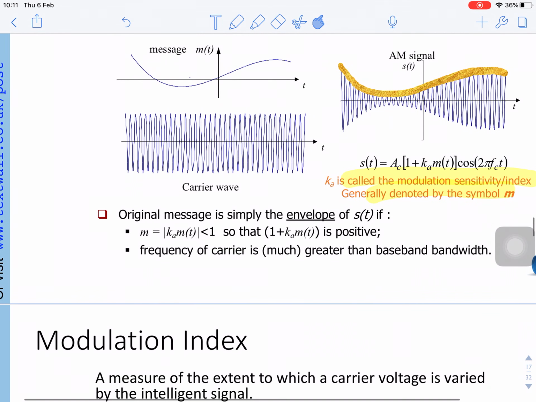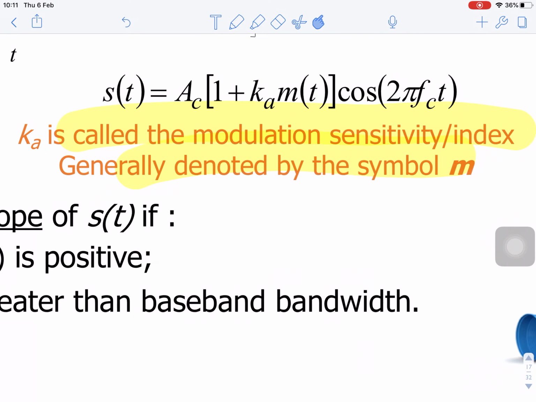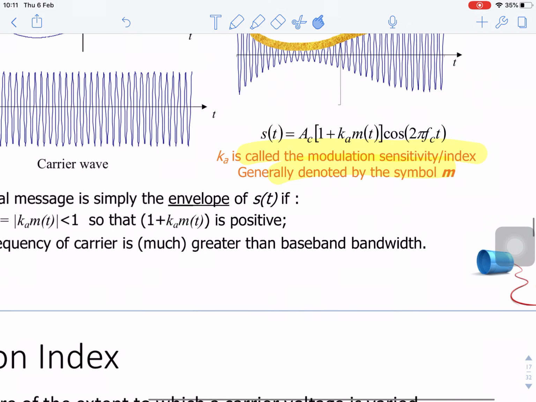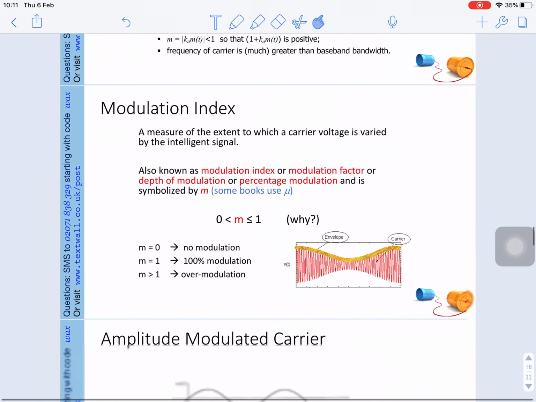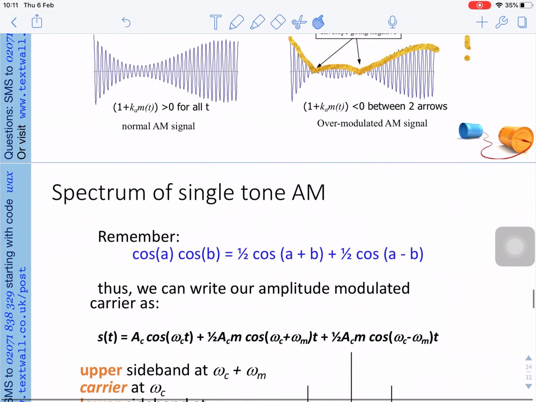This M equals Ka, which means that Ka is less than 1. That's obvious.